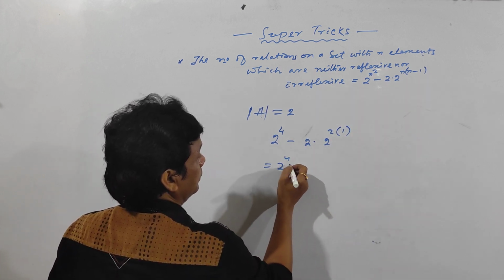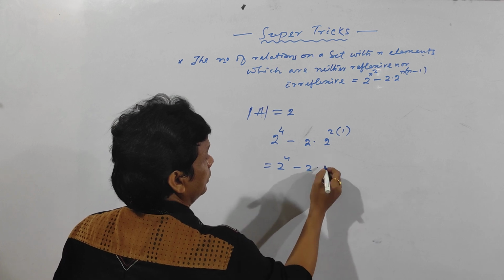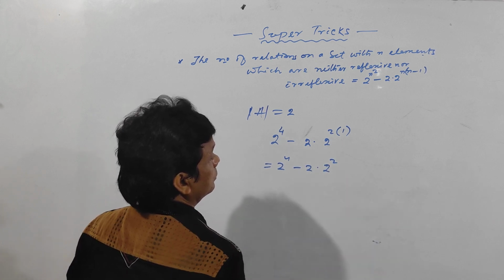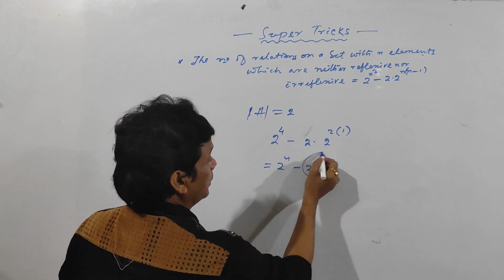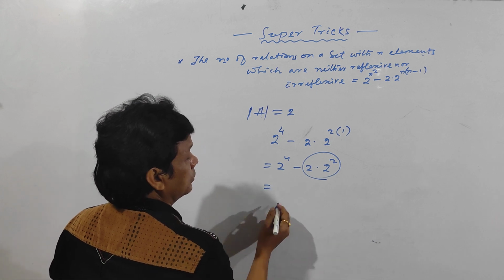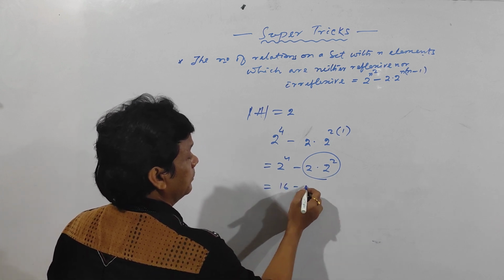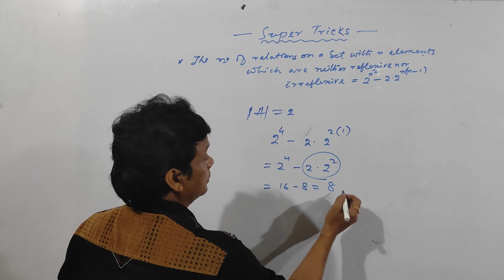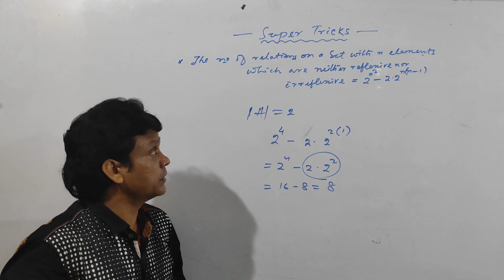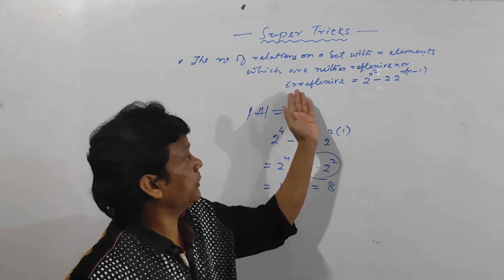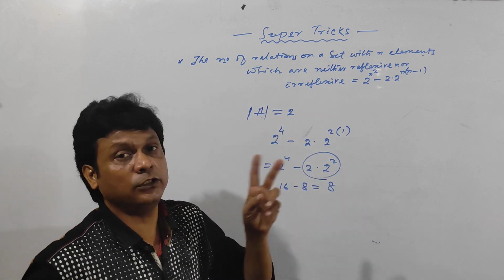So 2 to the 4 minus 2 into 2 to the 2. That means it is 2 to the 3. So 2 to the 4 is 16 minus 8, it is equal to 8. That means there are 8 relations which are neither reflexive nor irreflexive on a set containing 2 elements.